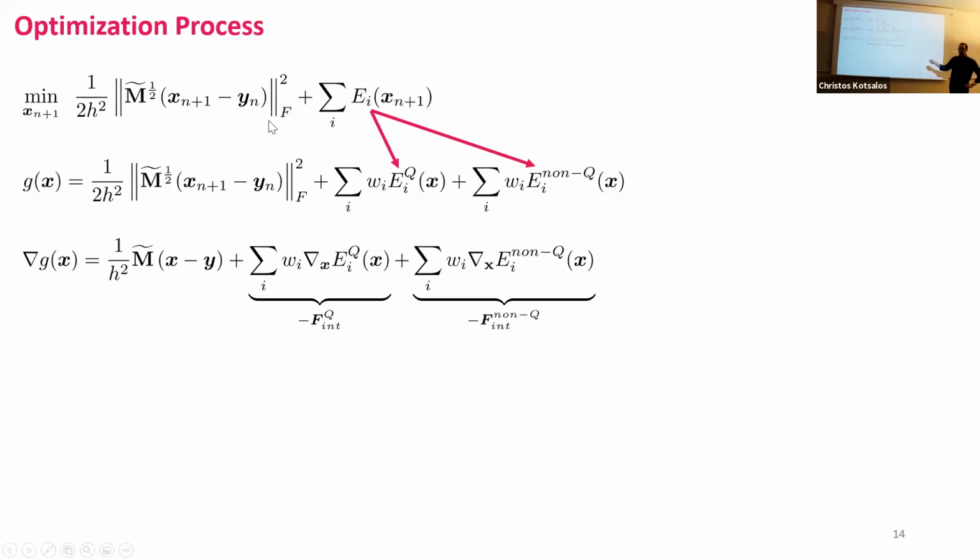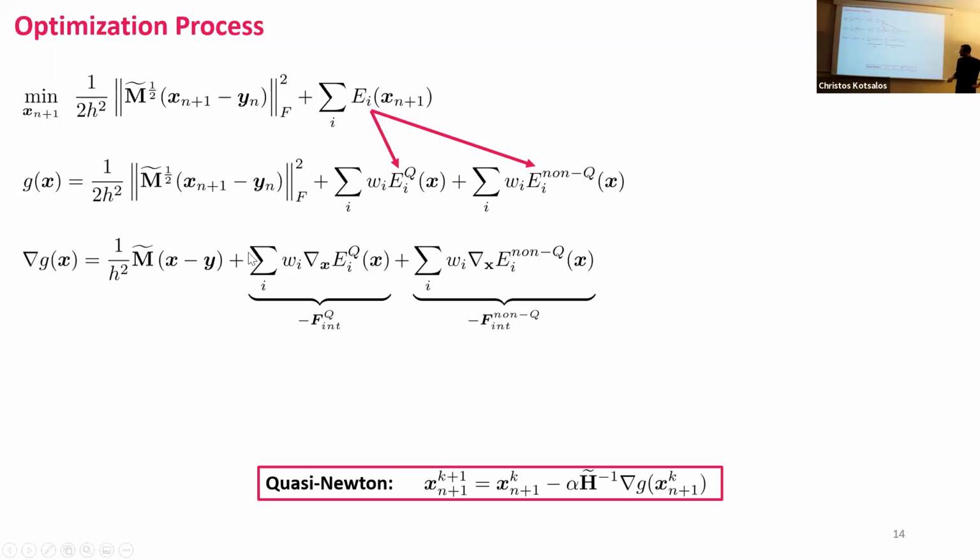I'm going to use a Cauchy-Newton technique to solve it. This is an iterative procedure, and after some iterations, I'm going to find the solution to this optimization problem. And this part over here is the descent direction. So I'm moving at every step towards minimizing the cost function.